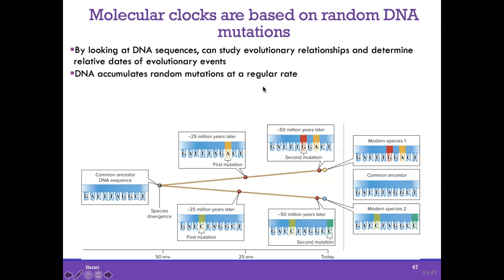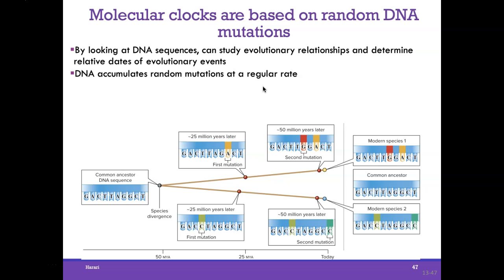So we can use these rates to infer when two organisms diverged. Like I mentioned, chimps have about 5% differences in their DNA sequences from humans. And we know that DNA mutates at about 1% every million years.